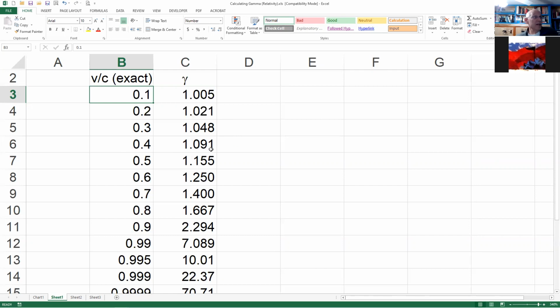40%, it's up to a 9% difference, and then it starts seeming to accelerate. Something interesting happens. You get to 0.9 for v over c. The difference, gamma, ends up being 2.294, basically 2.3. That's a huge difference, but then you add another 9.